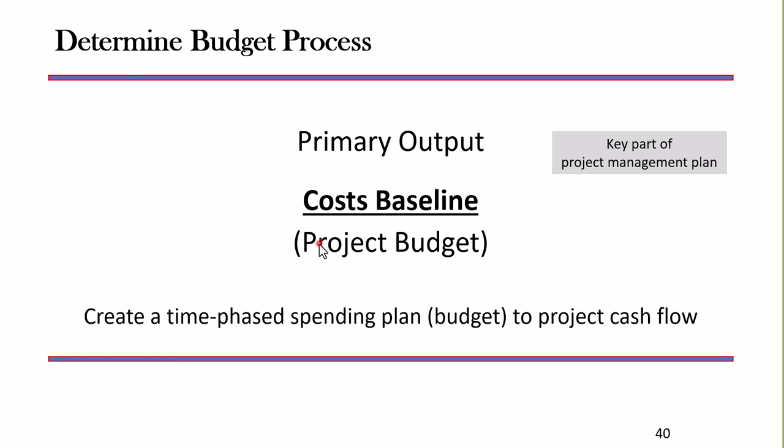I'm going to tie all of those things together to create my cost baseline, making sure that I meet any budgetary constraints that I might have. So the determine budget process gives us the cost baseline. Now this cost baseline is time-phased to the schedule, so I know when I'll be paying out for the costs themselves for each activity. That's important to understand.